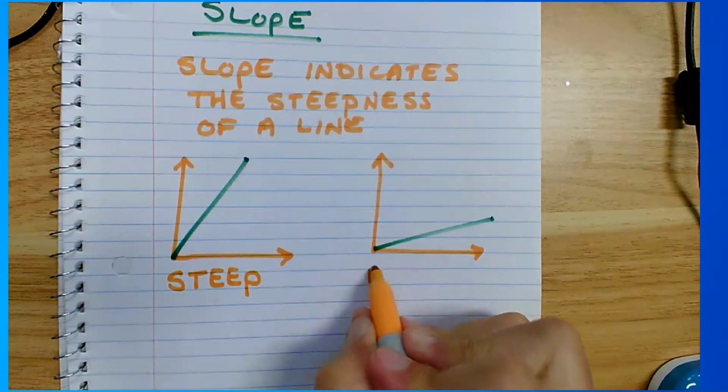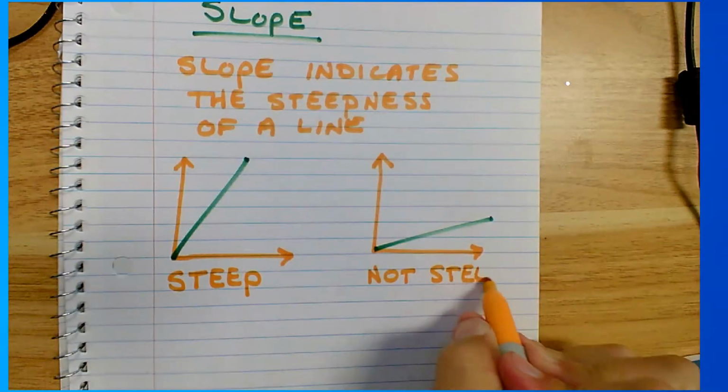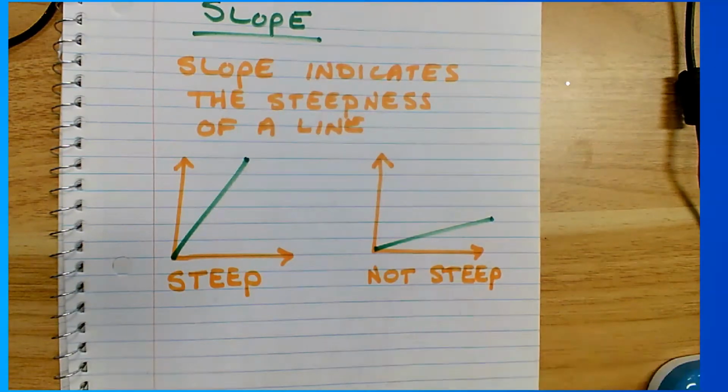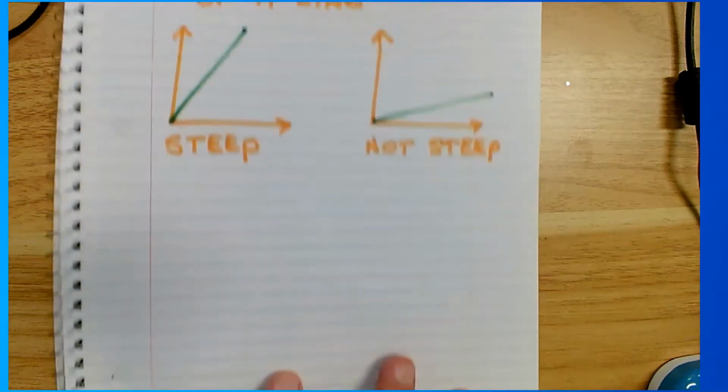And this one is not steep. But we need something better than that. I don't want to just say steep and not steep. I need a number that indicates the steepness of a line, and that is what slope does. It indicates the steepness of the line.